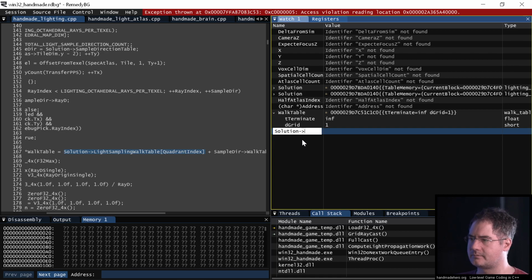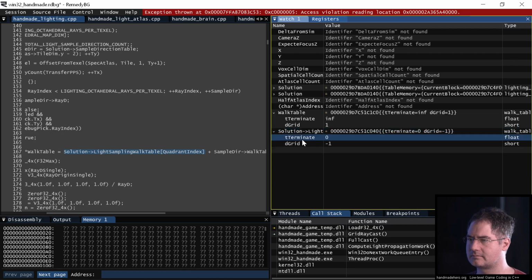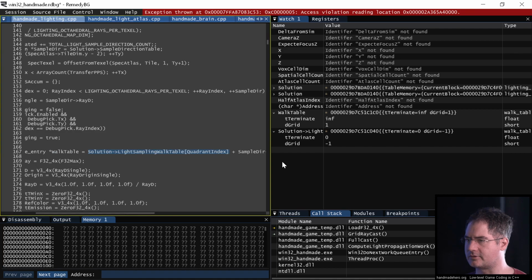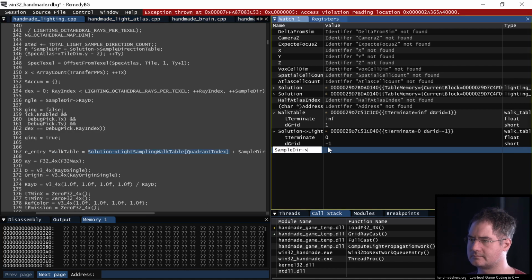Solution, light sampling, walk table, quadrant index. Starts in a reasonable place. Sample dir, walk table. Well, actually, just show me the whole thing.